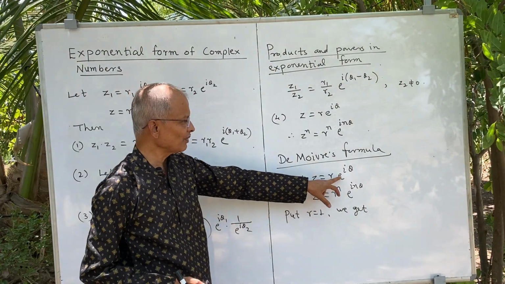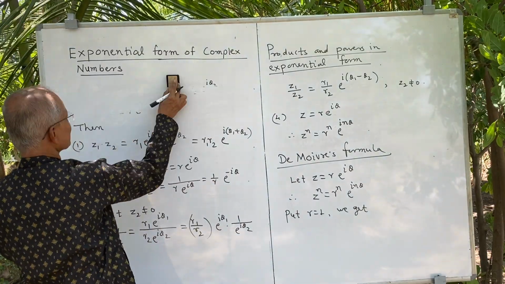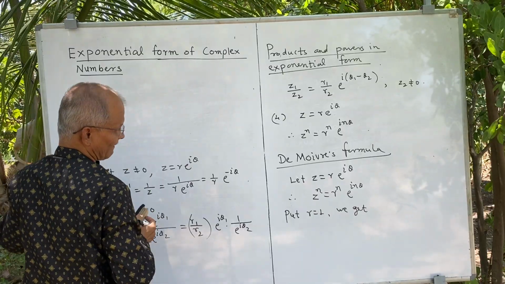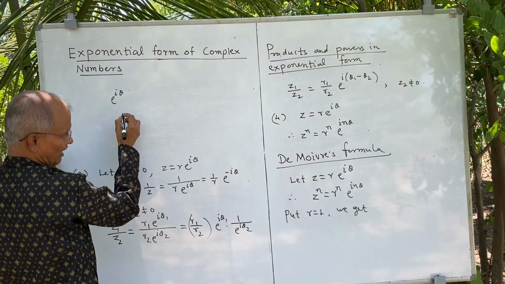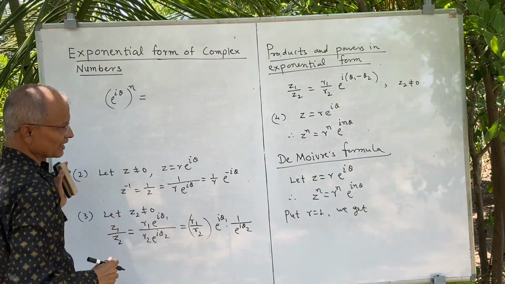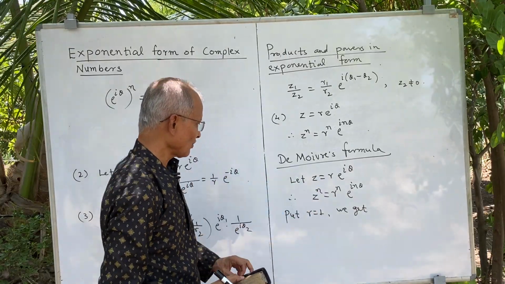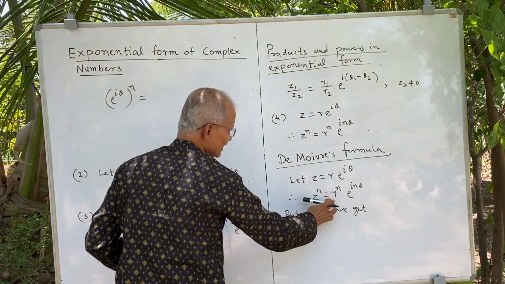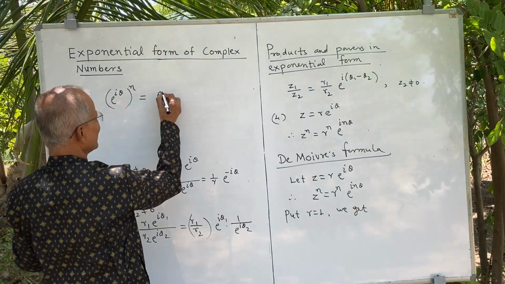Z is e power i theta, put it here, and thus we get z power n, left side is e power i theta raised to n, and what is the right side? Z we have put here, and r is 1 on both sides. Right side 1 raised to n is again 1, and e power i n theta as it is.